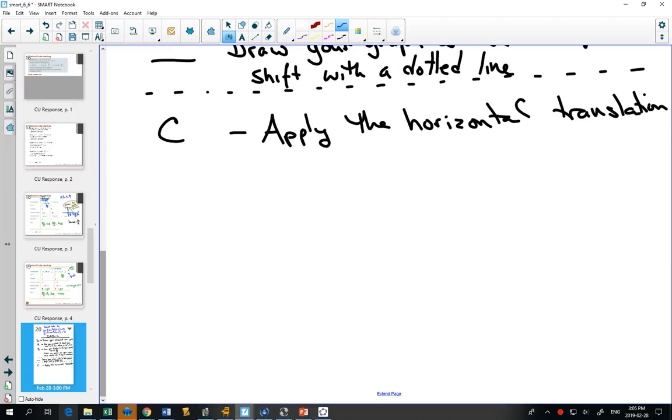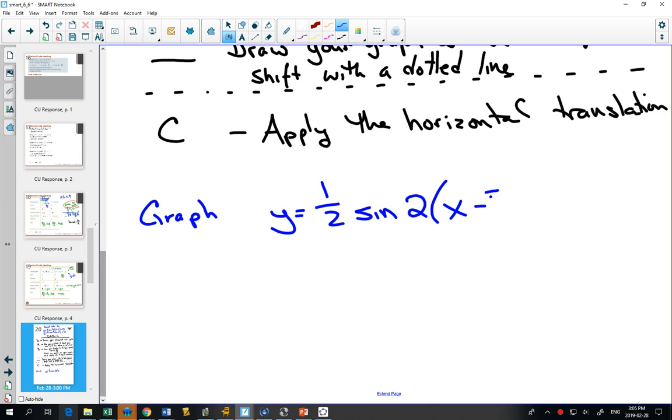So at the bottom of the page, we're going to graph the graph that we just looked at in the previous example. The previous example looked at y equals 1/2 sine 2 x minus pi over 4 minus 3.